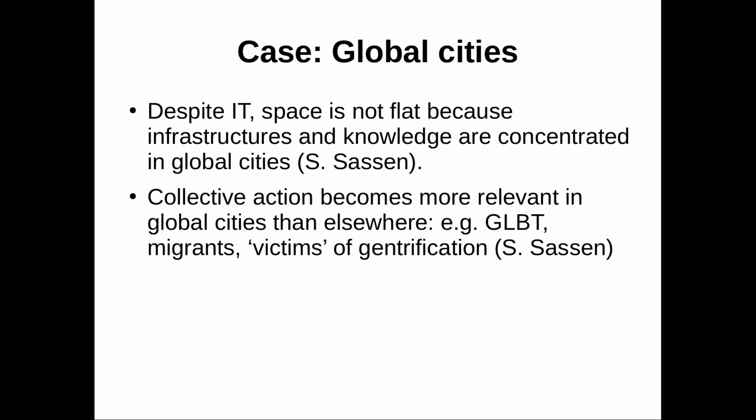That was the case of the GLBT movement in San Francisco in the 70s and 80s. It was the case of migrants in Europe in 2015. They crossed the border, saying we are heading to Berlin, we are heading to London, we are heading to Paris, we're going there. And it is the case of the victims of gentrification in global cities too.